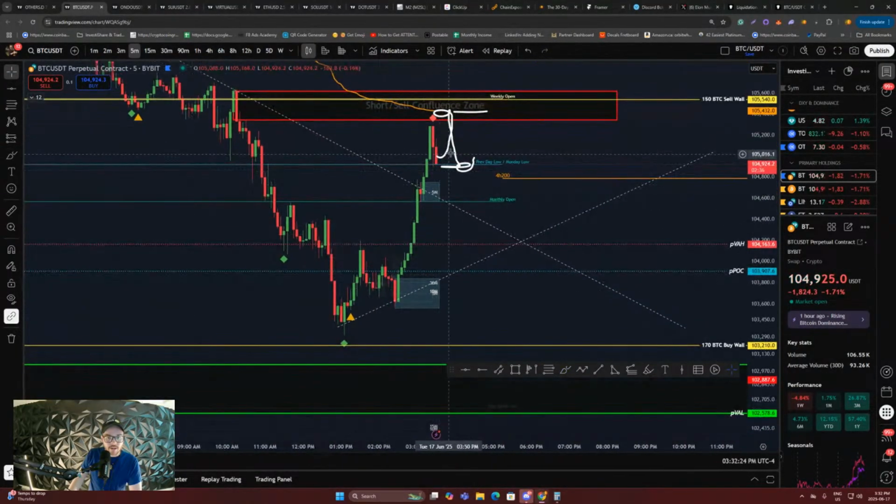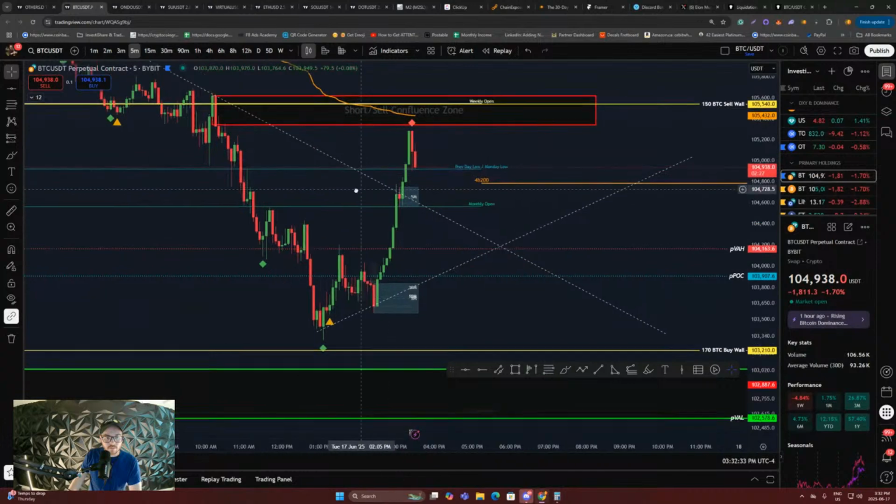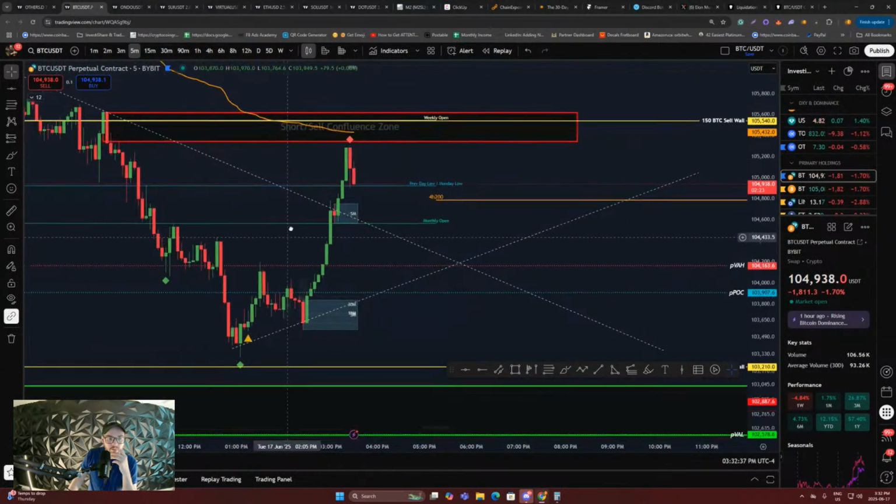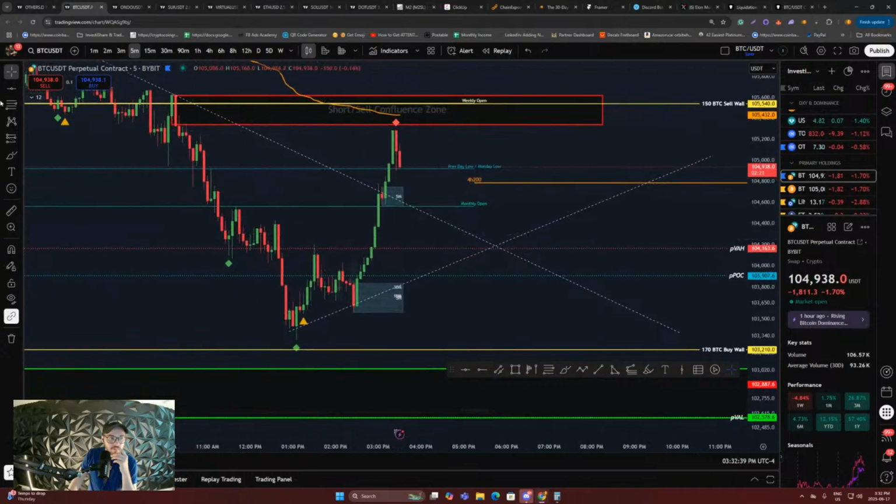And when that change of character is hopefully confirmed, at that point, you can pull a fib from the low to the high and see where we could bounce as well. Especially since we are confirming bullish on this time frame now. You can pull from the low to the high.